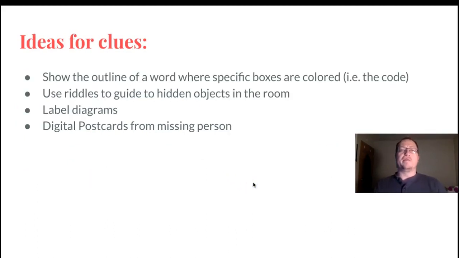When it comes to ideas for clues, one is that you have the outline of a word where specific boxes are colored. So if it's an 8-letter word and the third letter is in a blue box instead of the others, then that will be used for the code. You can use riddles to guide to hidden objects in the room.